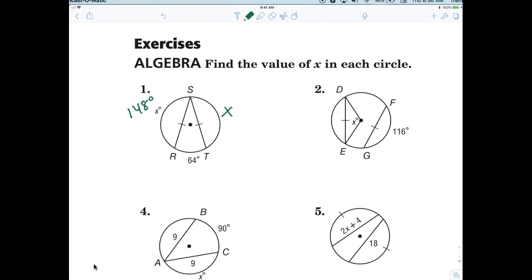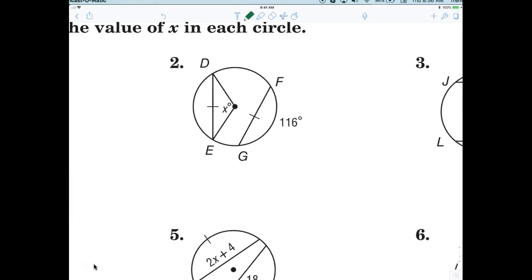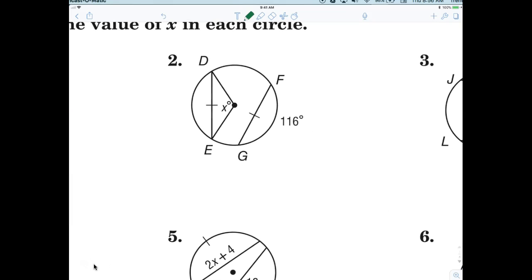All right, here we go. What's x? Obviously 116. Very good. All right, let's review that. Why is that? Because it's called a what type of angle?